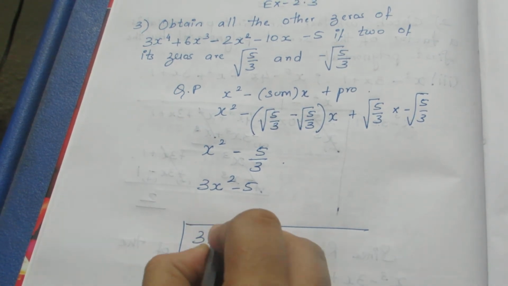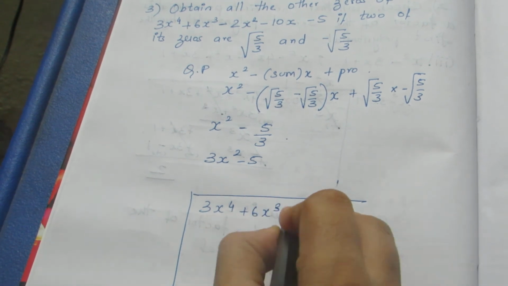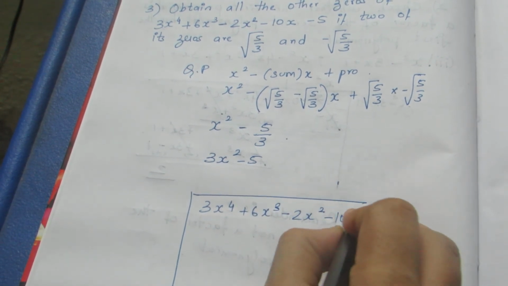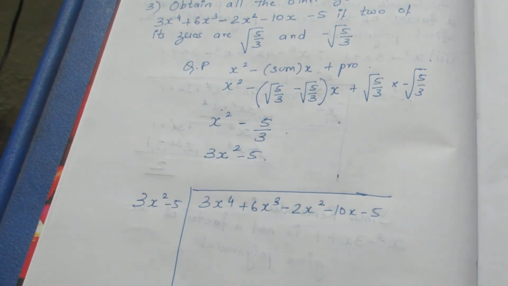Now I am going to divide the given polynomial, 3x power 4 plus 6x cube minus 2x square minus 10x minus 5, by 3x square minus 5.